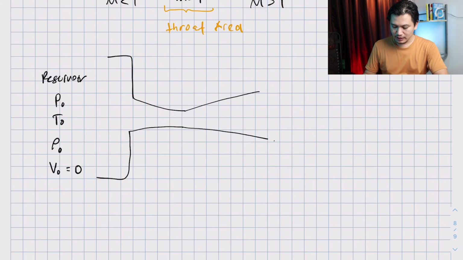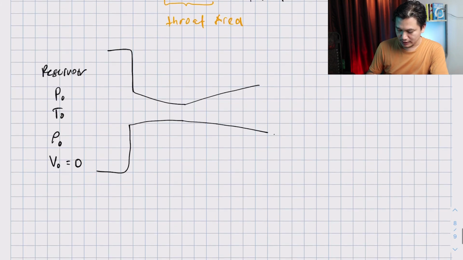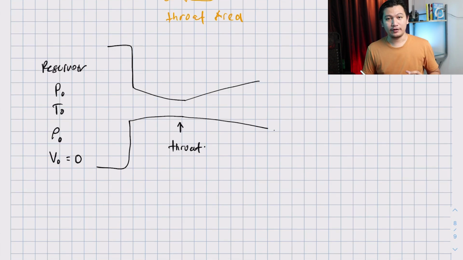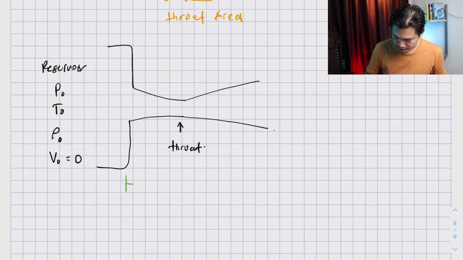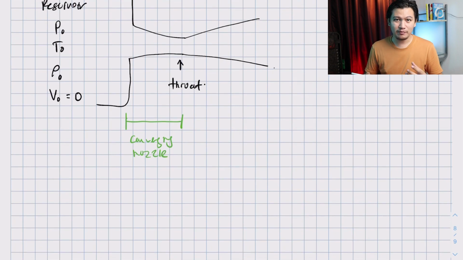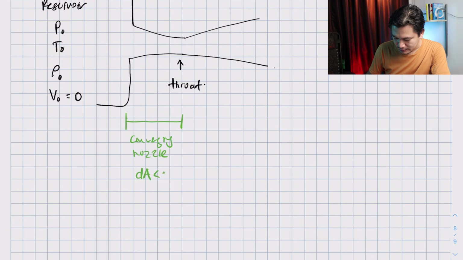Okay, and I'm going to define a few parameters here, especially in the nozzle bit. So in here we call it throat. Throat is the area with the smallest cross section inside the nozzle. Okay, and this is the section of converging nozzle. So basically what happens when the nozzle is converging is that the dA is less than 0.